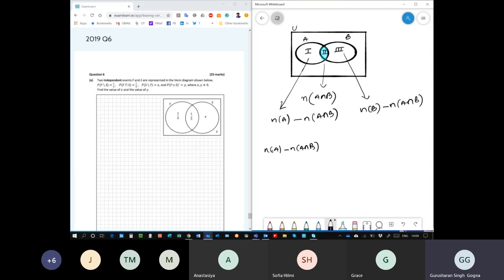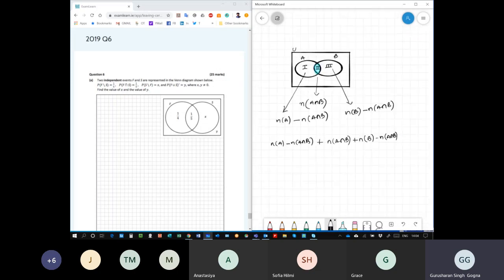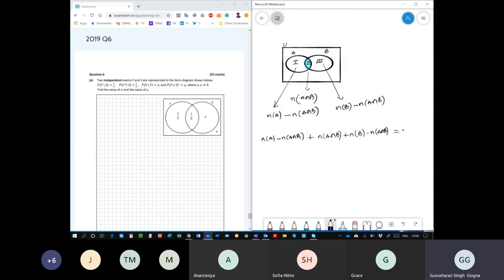So in the first region, you have the number of elements in A minus n of A intersection B, plus in the second region you have A intersection B, and in the third region you have n of B minus n of A intersection B. And this should equal n of A union B. A union B means altogether.